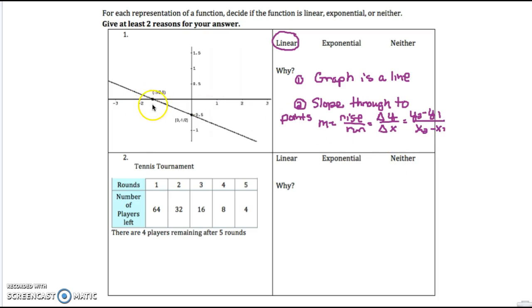But if we find that rise, looks like we're going down 0.5, and to the right from negative 3/2 to 0.